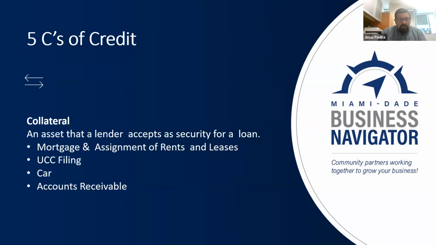It could be the mortgage of the house, it could be the car, it could be any assets that the business has. Jose, from your experience, what's one of the best ways to provide the collateral? Obviously, we're in South Florida, and lenders love real estate. That's a no-brainer. But small businesses sometimes don't own real estate.